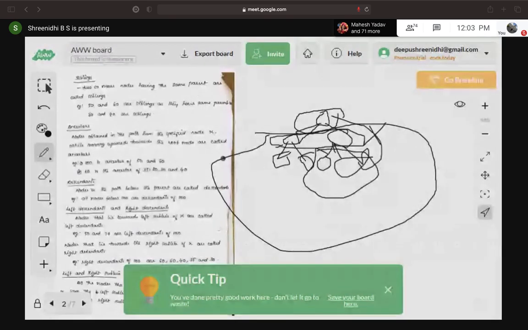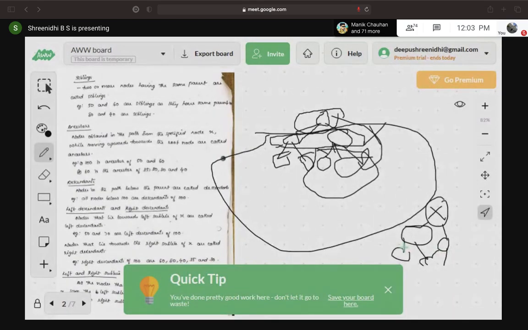Consider tree X. So this is one root node, called the root node.